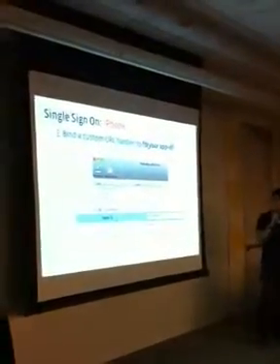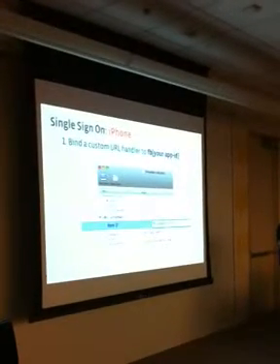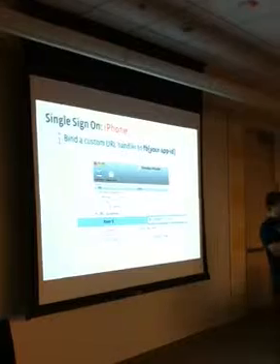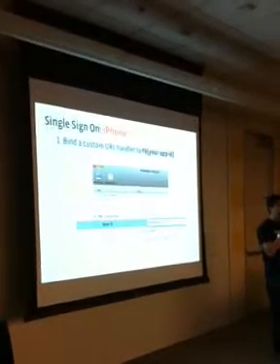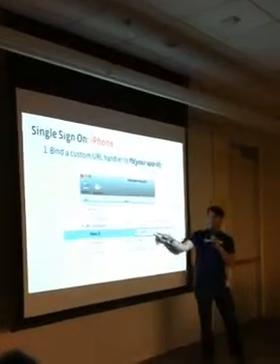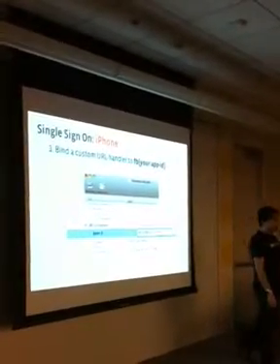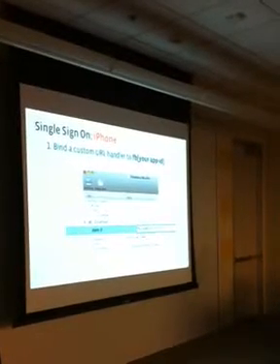So some technical details on this. Like I said, with iPhone we're using multitasking, and we're using URL handlers to actually flip between the apps. So you need to create a URL handler based on your Facebook app ID. You're creating a URL handler within Xcode when you're creating your iPhone application.